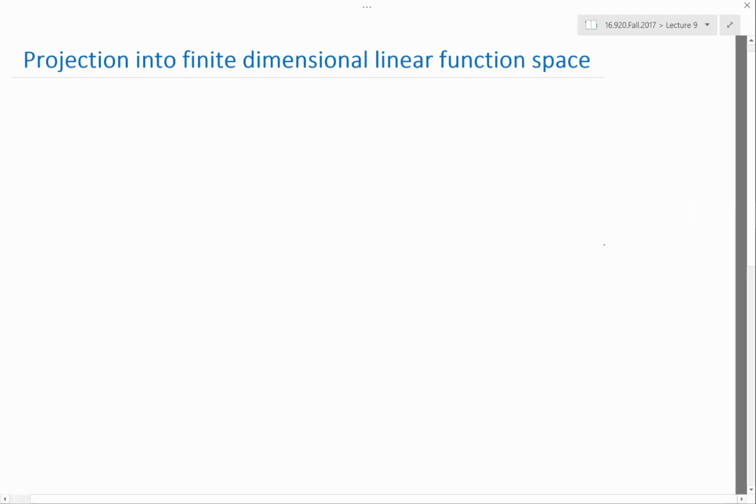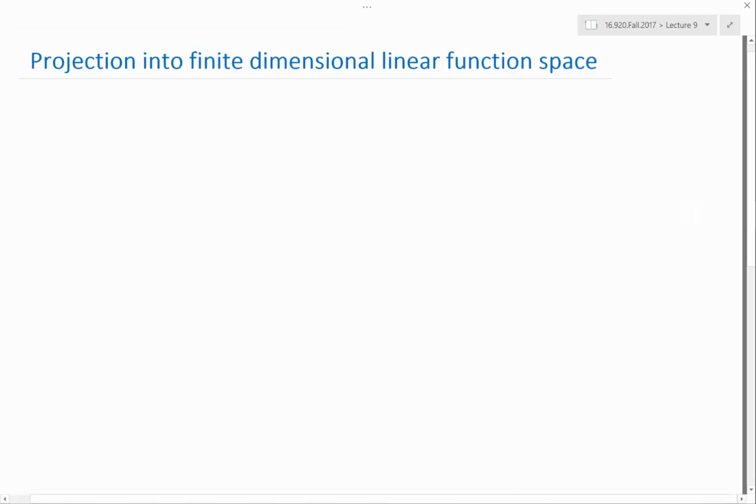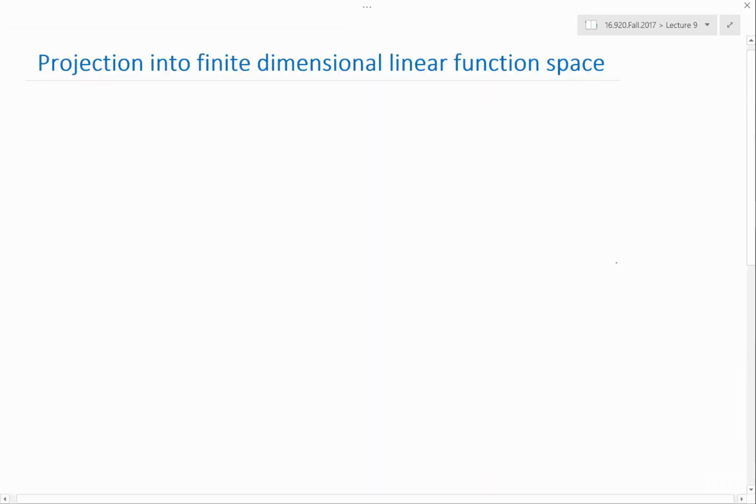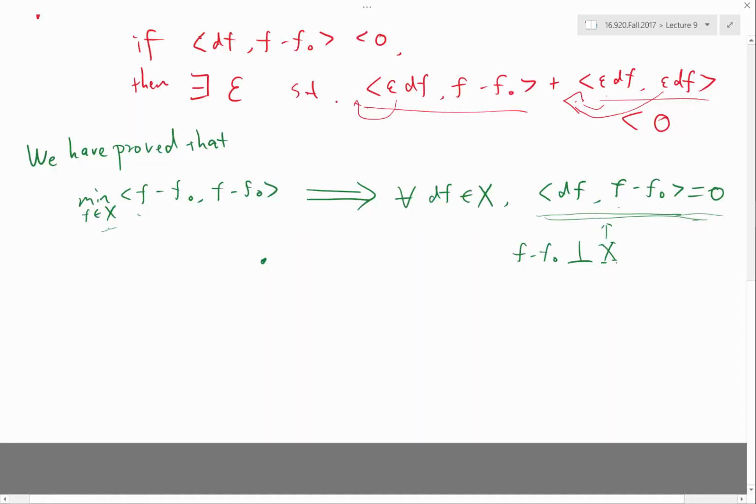Now let's go to the finite dimensional. Let's specialize this statement to a finite dimensional function space. All right. So in a finite dimensional function space, what's special is that f can be represented as a linear combination of basis vectors, right?